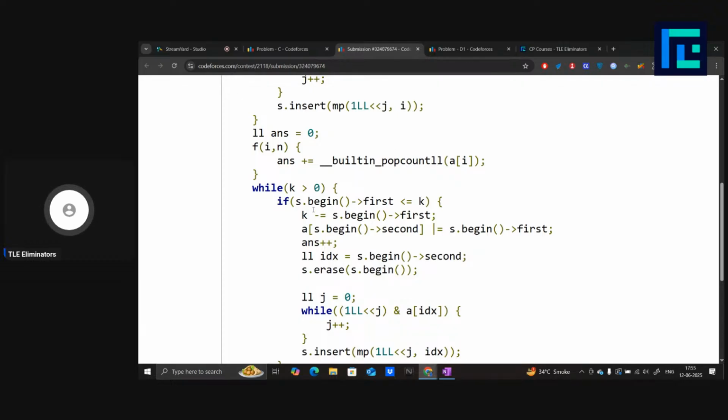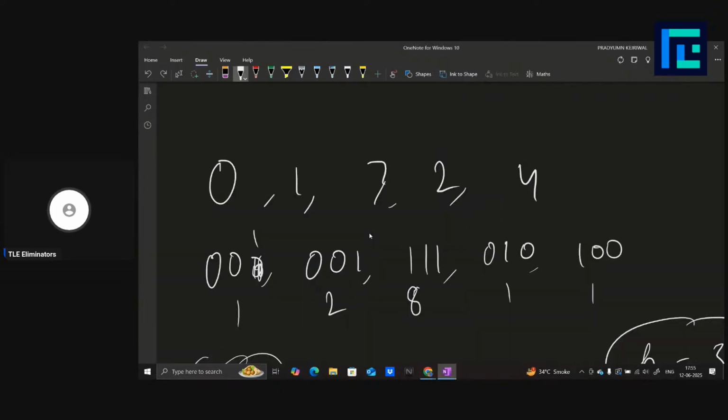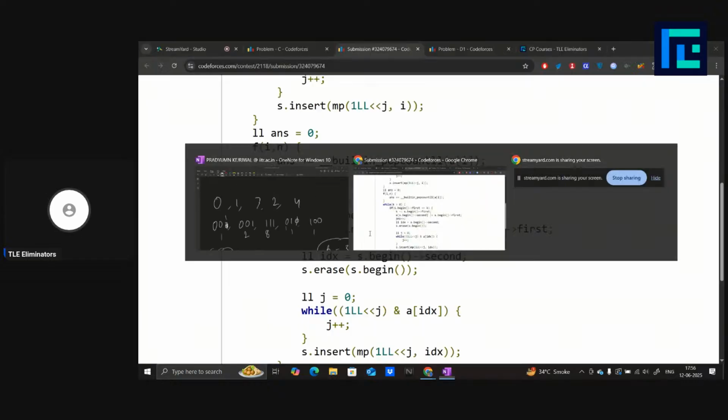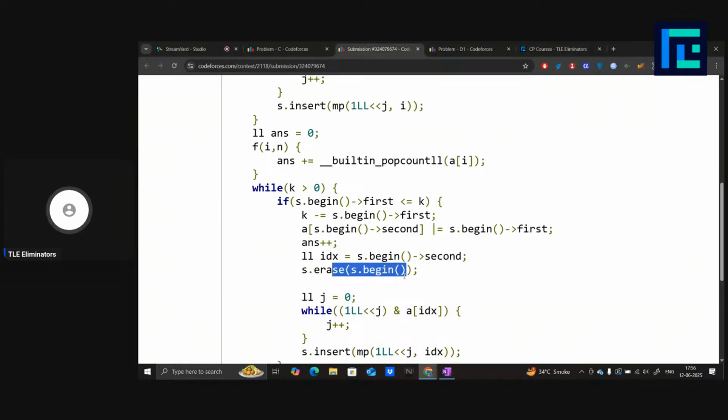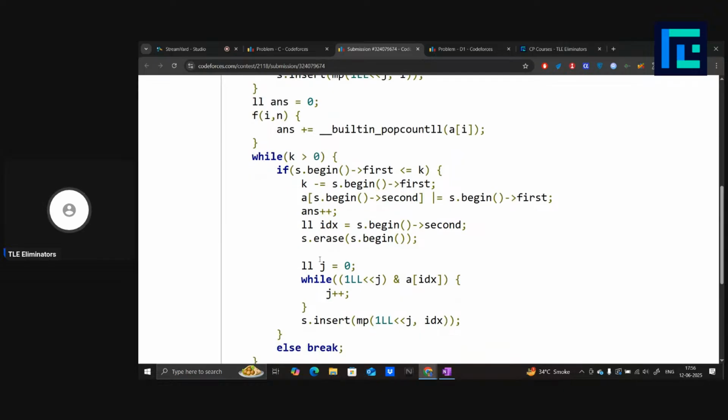This was the old value that was there. Since I made that bit 1, now I want the new bit which is 0. Like here, if I make this bit 1, initially the value was 1, but now after making it 0 1 1, it is 4, 2 to the power 2. So I want to update the value in the set also. I'm erasing the old value and again iterating over a[idx].